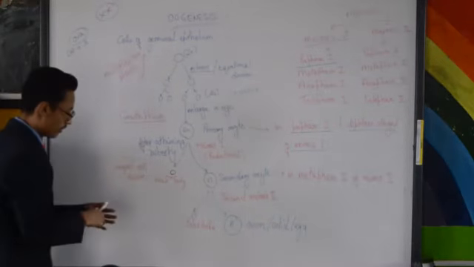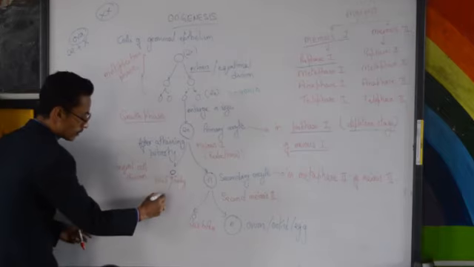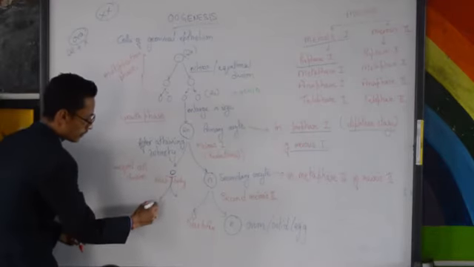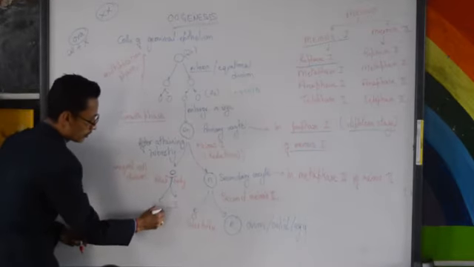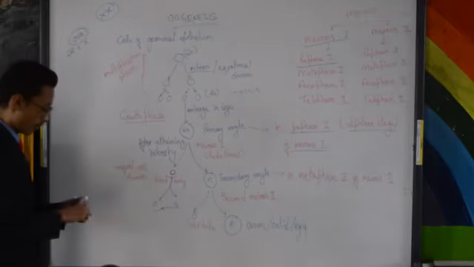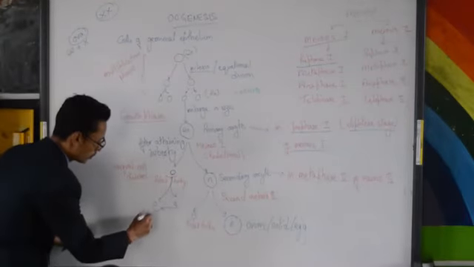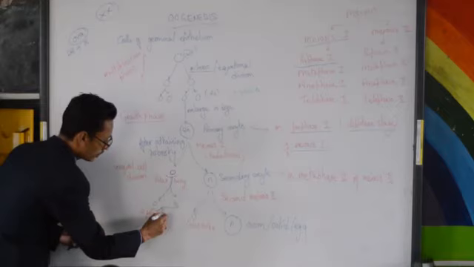Okay, and in fact this first polar body can also undergo meiosis 2 and form two tiny polar bodies. So we have to find the two polar bodies over here.